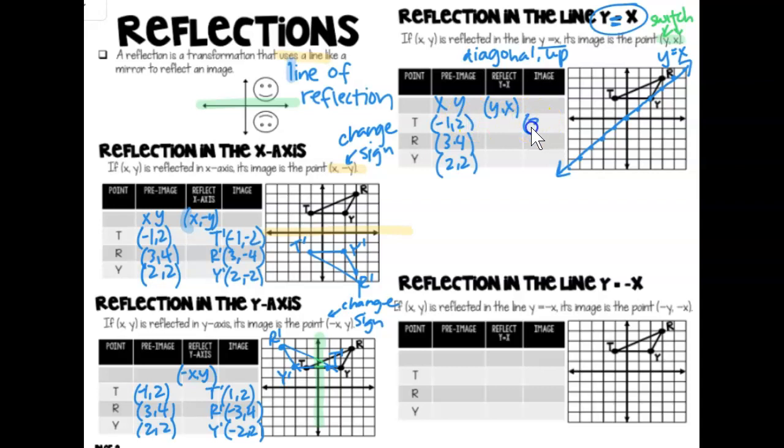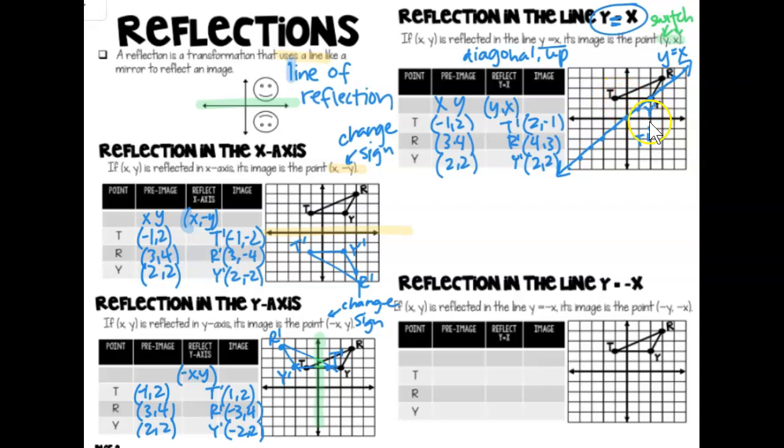So that would be (2, -1) for T prime, (4, 3) for R prime, and for Y prime, (2, 2). So it's actually going to stay the same. So for that Y prime, I'm going to relabel the same point Y and Y prime. Okay, then I'm going to go (2, -1) for T prime.